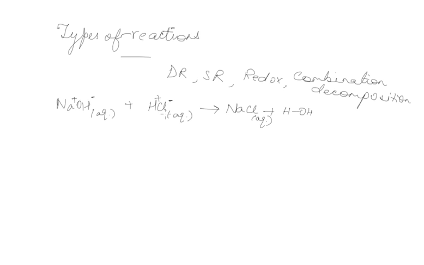Essentially, chloride, which was earlier participating with H plus, has now started forming a bond with sodium to generate NaCl, and hydroxide that was earlier connected to sodium is now forming a bond with the proton from HCl.